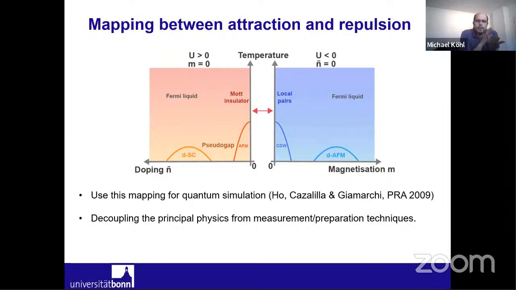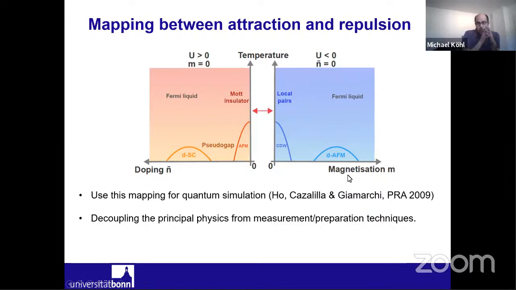And if we do that, so if we believe in this mapping, what you then find is that all of these phases that you know for repulsive interaction, so that's basically the same phase diagram I showed you in the introduction, antiferromagnet here, pseudo-gap, and D-wave superconductor, for a spin-balanced system with repulsion, maps now onto a system where we have attractive interactions, but now we choose as a tuning parameter the magnetization rather than the doping.